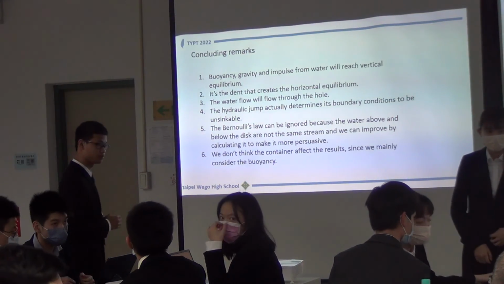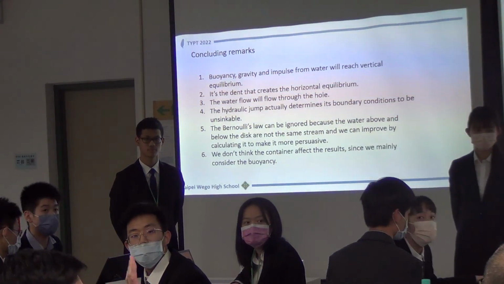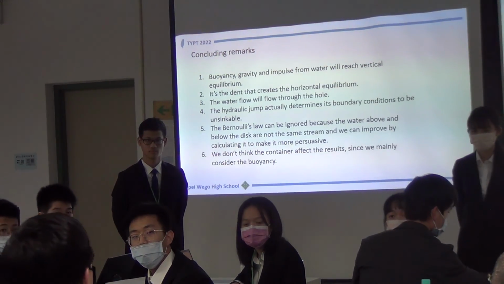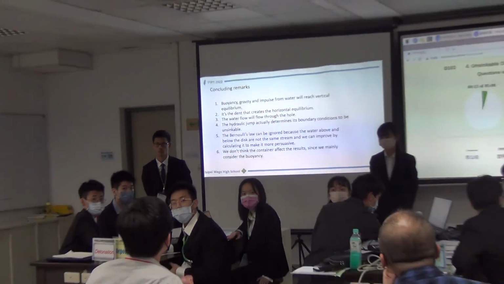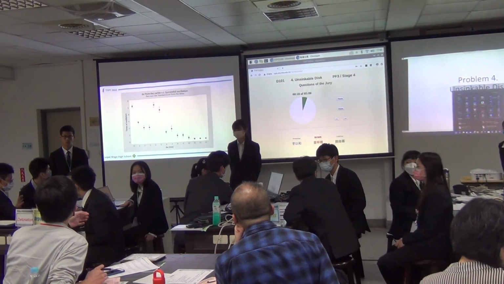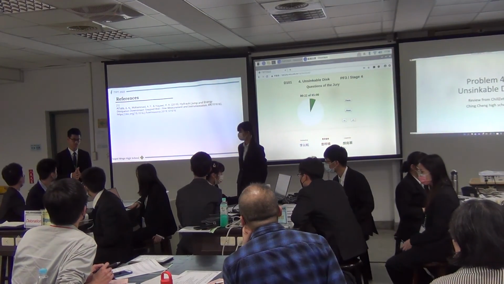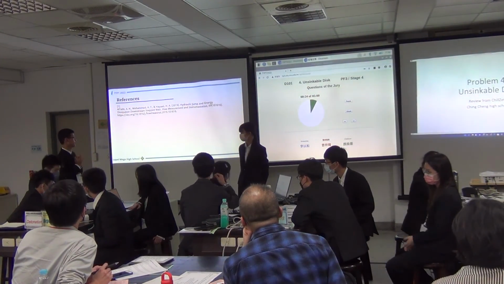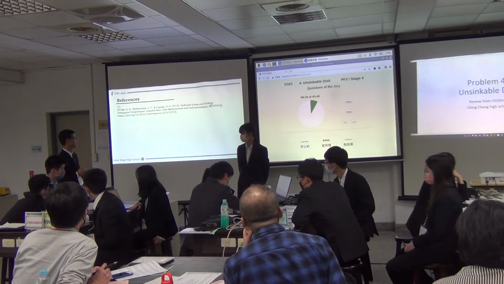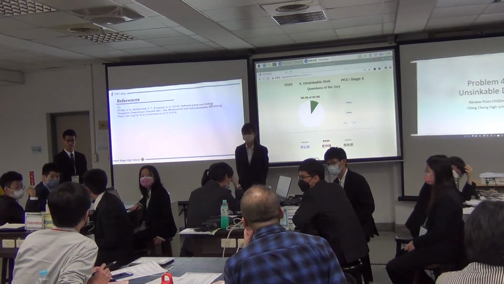Any questions? Any comment if the diameter of the center hole is larger than the wall? We actually did an experiment about this, but we're sorry that we didn't put it on the PowerPoint. What we observed is that it would just sink to the bottom.